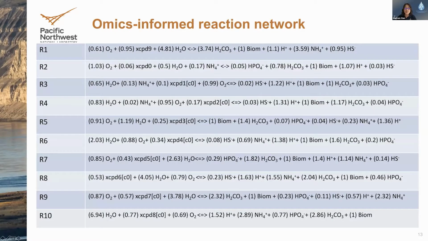So our hypothesis would be that capturing all those nuances in this reaction network along with the reaction kinetics, we will be able to better capture the hot spots and hot moments of reactions within our river corridor systems. And we can use the observations to validate our assumption and also test our hypothesis.